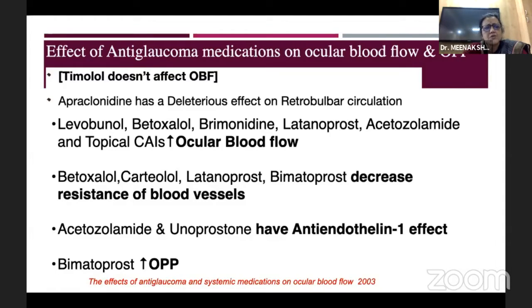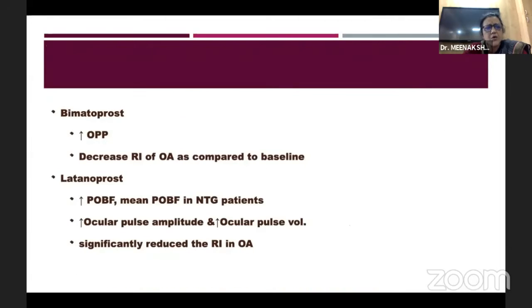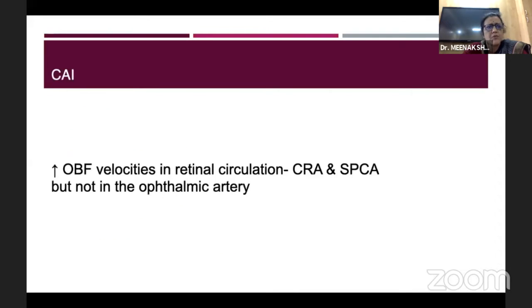Also, betaxolol, carteolol, latanoprost, and bimatoprost decrease the resistance of blood vessels. Acetazolamide and unoprostone have been found to have an anti-endothelin-1 effect, and bimatoprost increases the OPP as well as decreases the RI. So both prostaglandin analogs can be used to improve ocular blood flow.